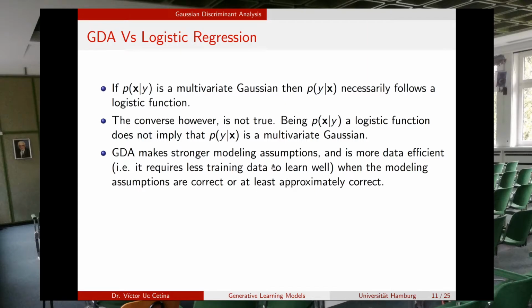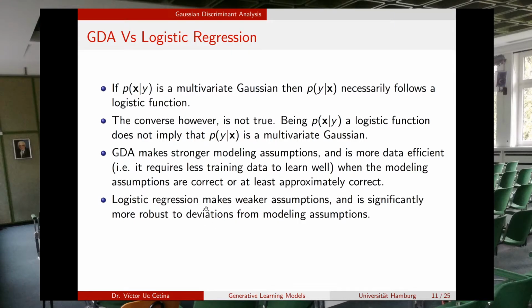So what this is telling us is that if your data really behaves as a normal distribution, then it is better to use GDA over logistic regression, because GDA exploits the fact that the points behave as a normal distribution.